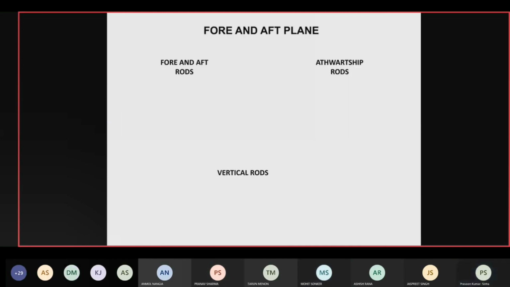Yes, sir. So now we are looking at the first plane, forward aft plane. So ship is like this. There can be a rod which is like this. There can be two rods. These are two individual rods. We have already discussed closer and positive. The other upper end will be what? Also positive.